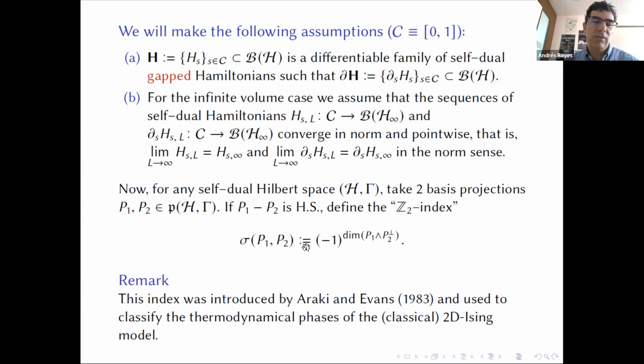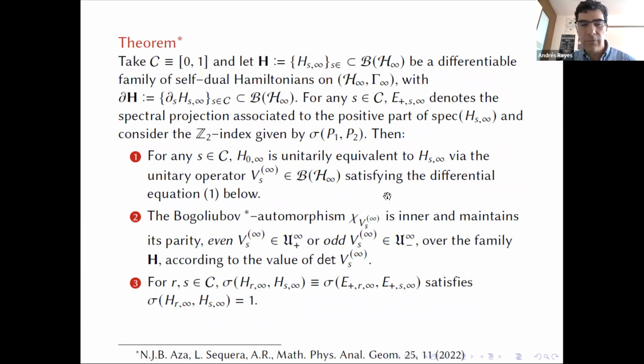But this index has many applications, one of them nowadays in the context of topological insulators. And as I will show in an explicit example now, this index is the same one that Kitaev introduced while studying his chain, the Kitaev chain. So I will come to that in a minute.